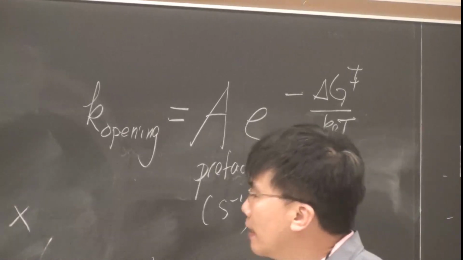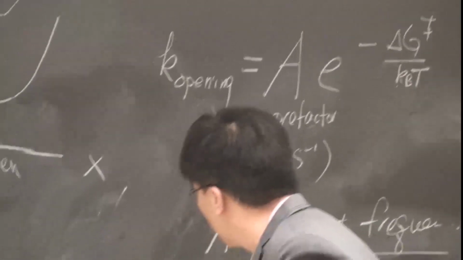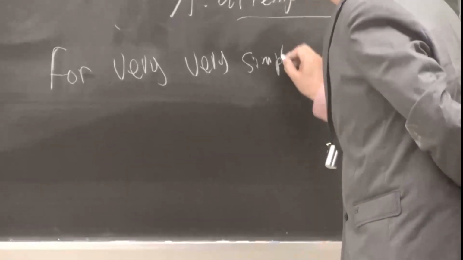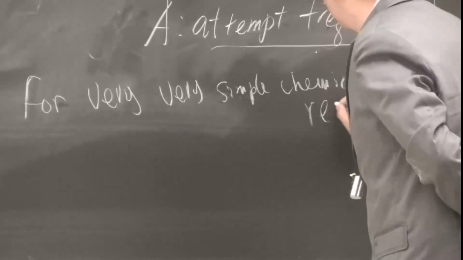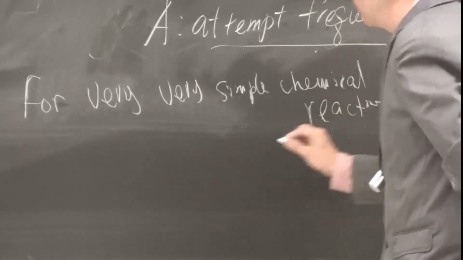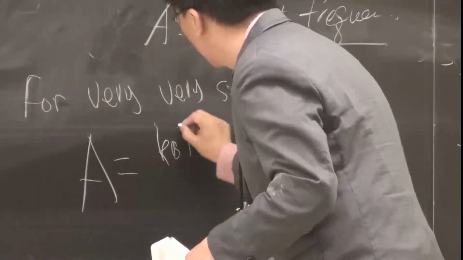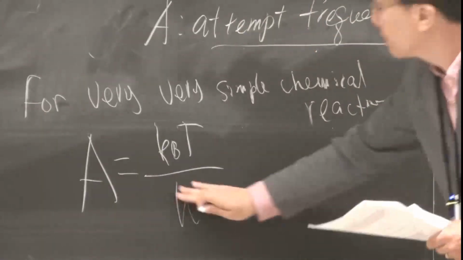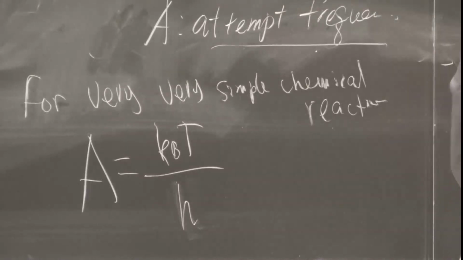Now, for very, very simple chemical reactions, you can say A is equal to the thermal energy over the Planck constant.